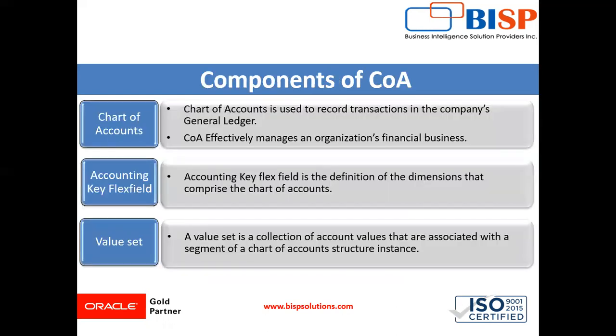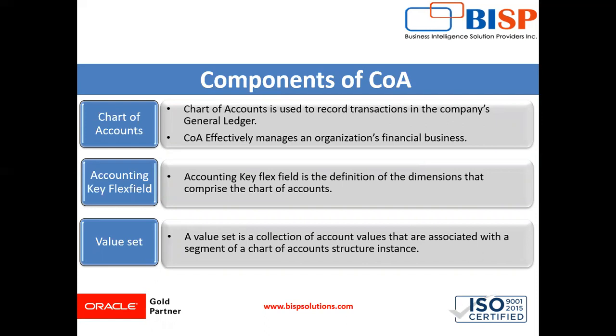So Oracle Fusion chart of accounts is used to record business transactions in a company's general ledger. In the accounting cycle, chart of accounts is used to record journal entries, and also serves as the title for each ledger.